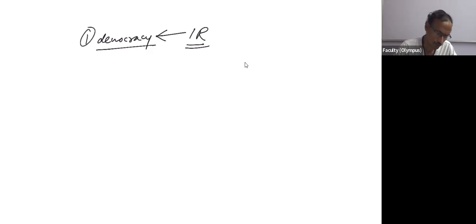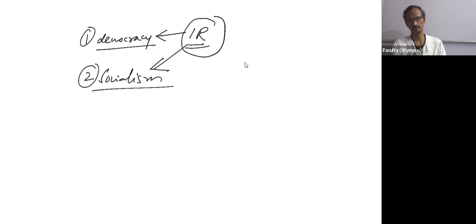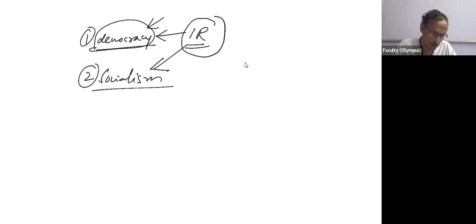This one and another. Industrial Revolution is also responsible for the ideology of socialism. So how is this technological thing related to these two important political ideas and systems? First idea, democracy. How did democracy become important?